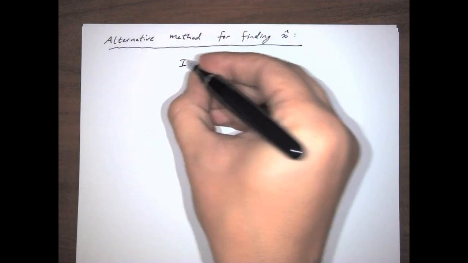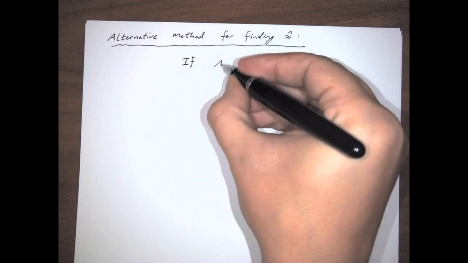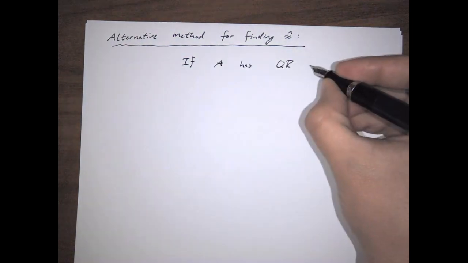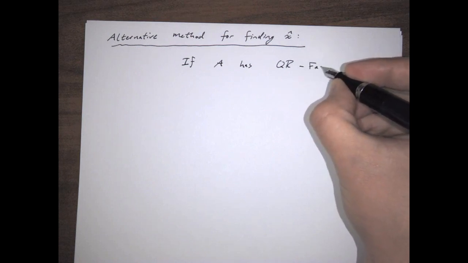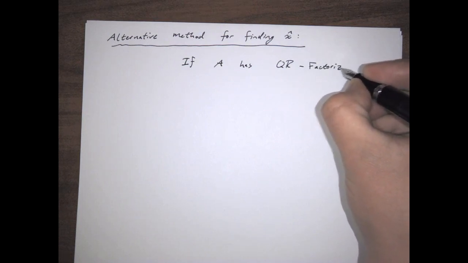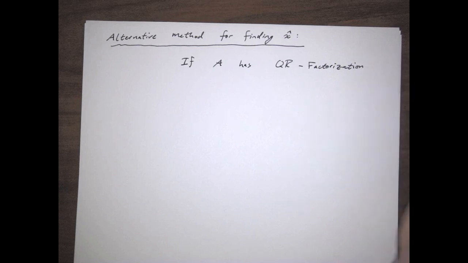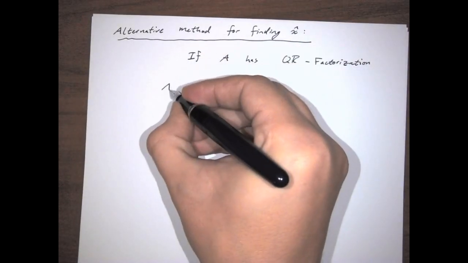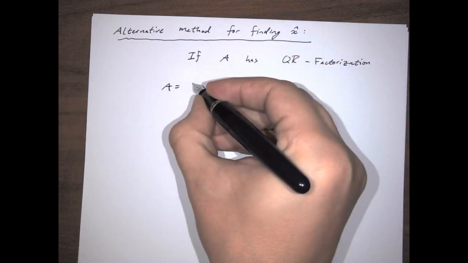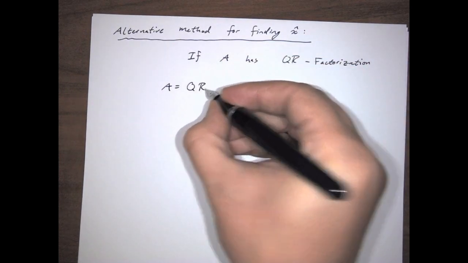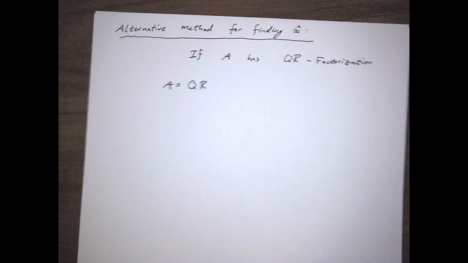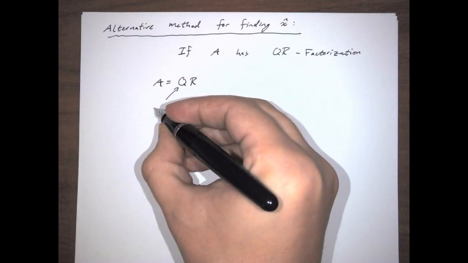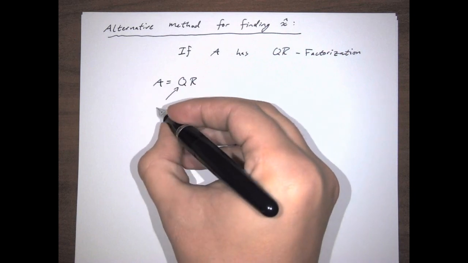So if A has QR factorization A equals QR, where Q is, as we said, orthogonal, and R is upper triangular with positive entries along its main diagonal.